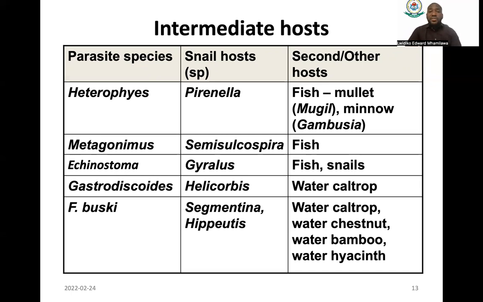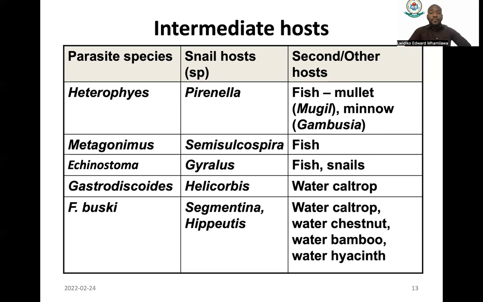For Heterophyes, this is called Pyrenella, and for Metagonimus yokogawai, we have Semisulcospira, and for Echinostoma, we have Garrulus, and Gastrodiscoides is Helicorbis, and for Fasciolopsis, we have Segmentina and Hippeutis. These are species of snails that would be intermediate before the parasite gets into the second host, which is then going to be entered into the human life cycle.